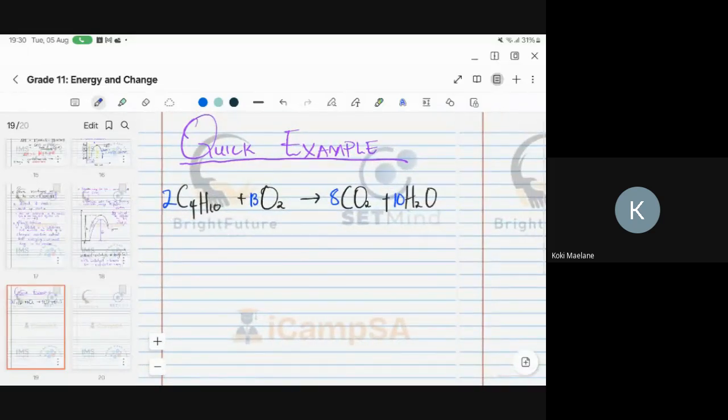This is our reaction, right? In an exam, you would be given something like this, or a test. Obviously, there'd be follow-up questions after.